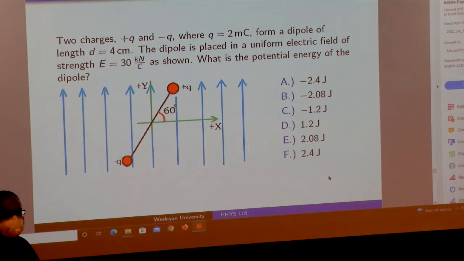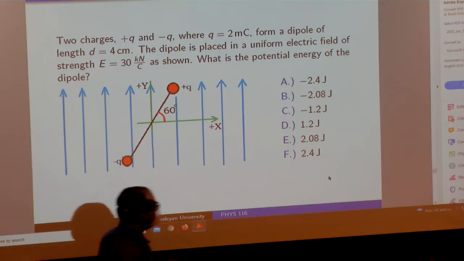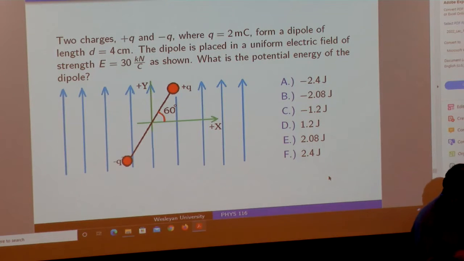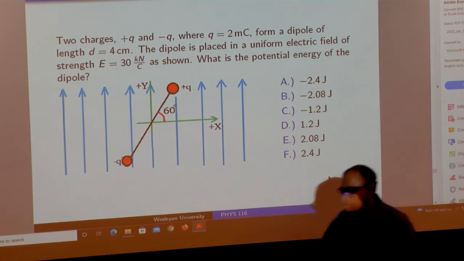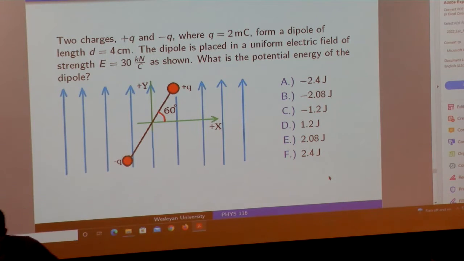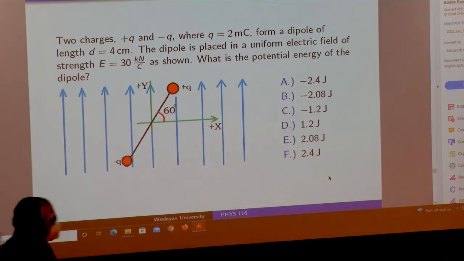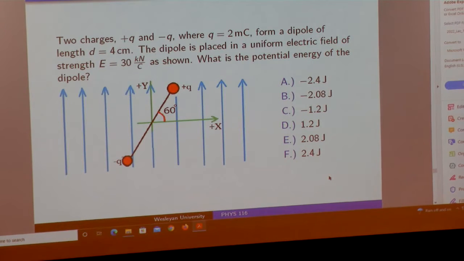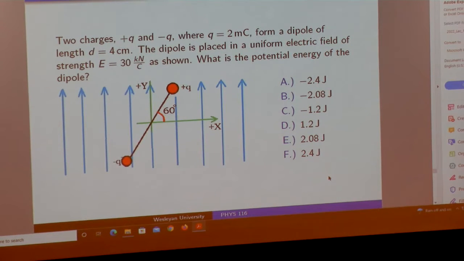Don't assume that the stuff that's presented on a plate to you is necessarily what you want. So what's the formula that we're using? Just call it out. Minus P dot E. So minus PE cosine theta.